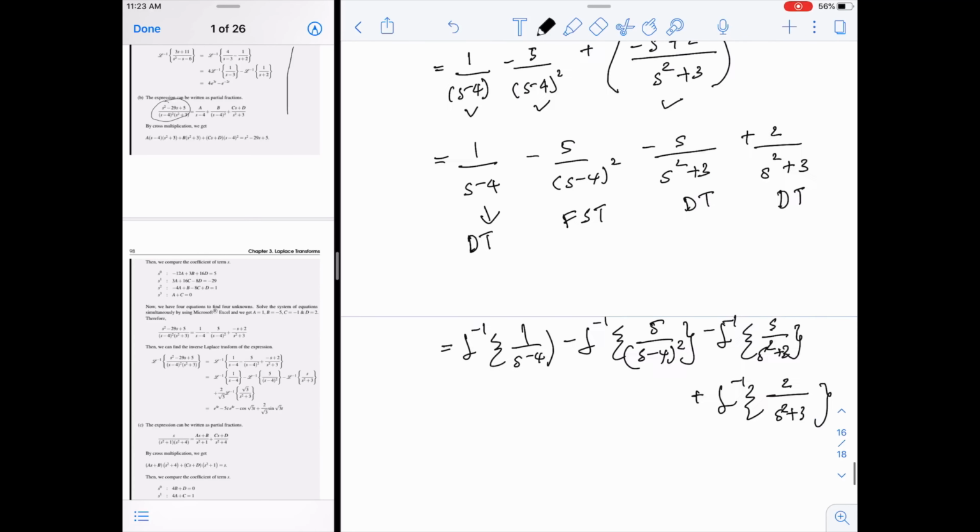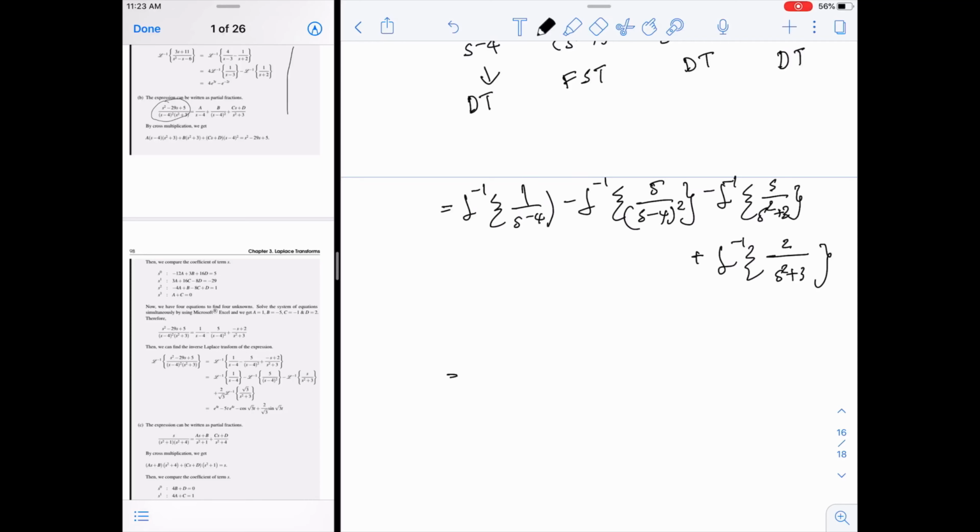Now the first term over here, since your a is 4, you will get e to the 4t.